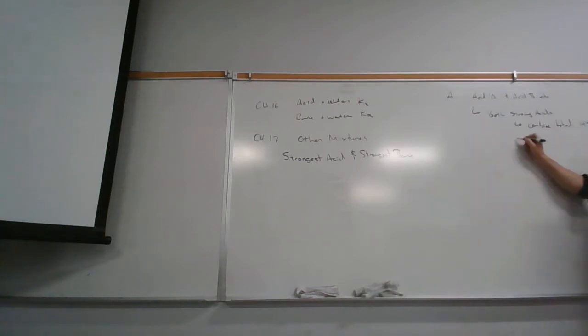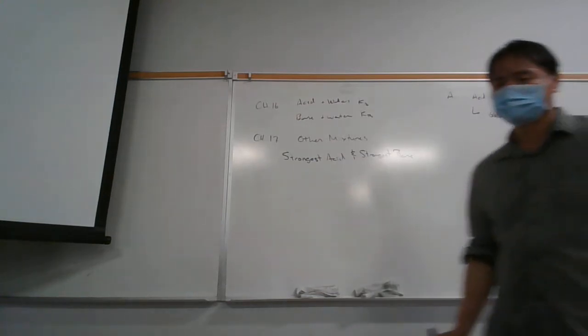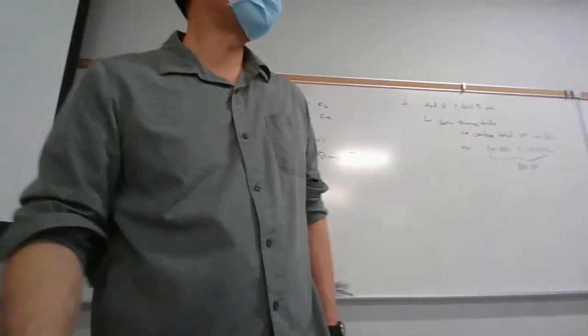So a quick example of this is if you had, let's say, 1 molar HCl and 1 molar HNO3. The combined H plus from this would be 2 molar. So this would be 2 molar H plus or 2 molar hydronium. So you figure out how much H plus you get from the HCl, how much from the HNO3, and just add them together for the strong acids.